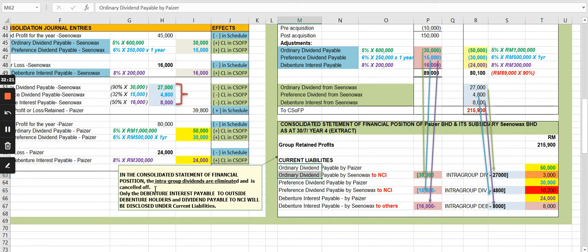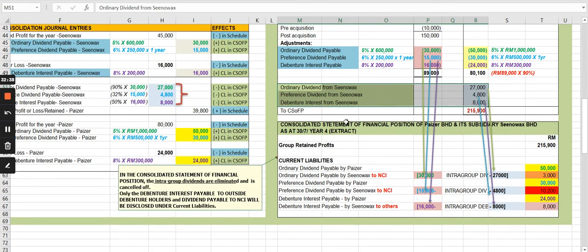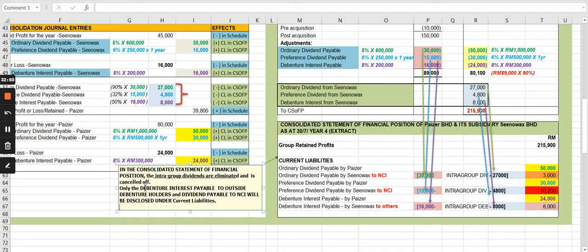For your information, in the consolidated statement of financial position, the intra-group dividend, which refers to these, I just put a little box there, right? That should not be reported in the consolidated statement of financial position, and it has to be eliminated and cancelled off.